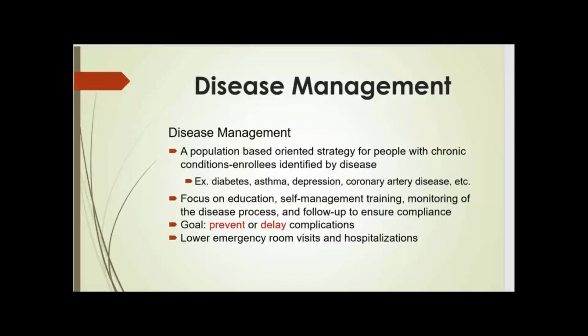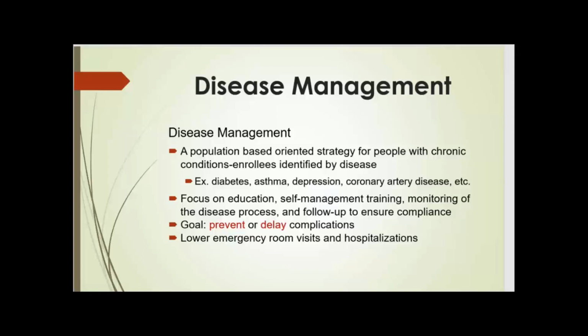Then we have disease management, a population-based orientation strategy for people with chronic conditions, and this is where enrollees are identified by a disease. An example would be diabetes, asthma, depression, coronary artery disease, etc. So the focus is on education, self-management training, monitoring of the disease process, and follow-up to ensure compliance.